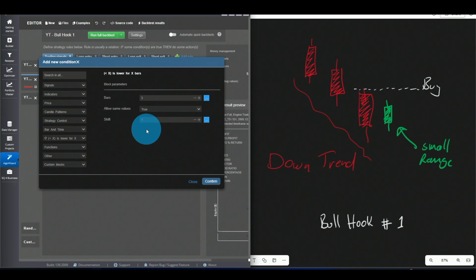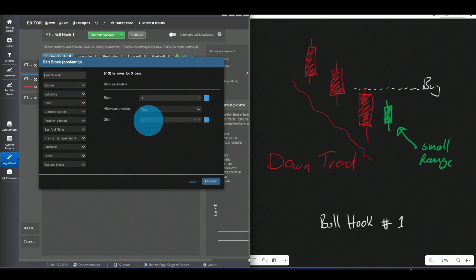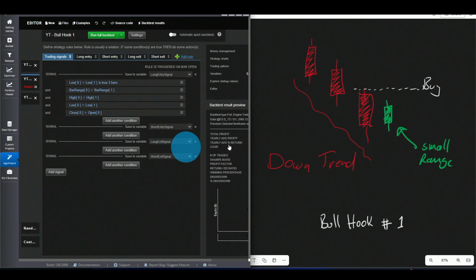And then we want to shift by 1 because we are calculating everything on this bar. So on this bar, I want to make sure that I had 3 lower lows. So that's why you need the shift. And this is what I have here. So you see the shift is 1. And then the range is smaller than the previous range.